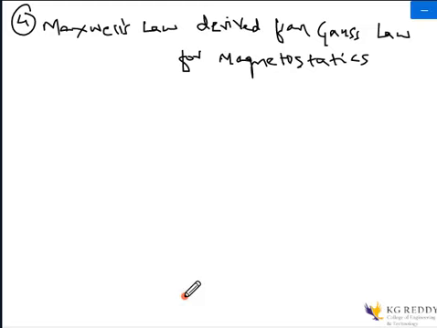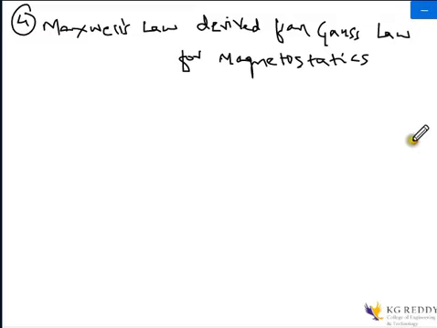Now we have the fourth Maxwell's equation, which is derived from the same Gauss law, but for magnetostatics. One thing you need to understand clearly is that according to the Gauss law, for the magnetostatic field, the magnetic flux cannot reside in a closed surface, due to the non-existence of a single magnetic pole.